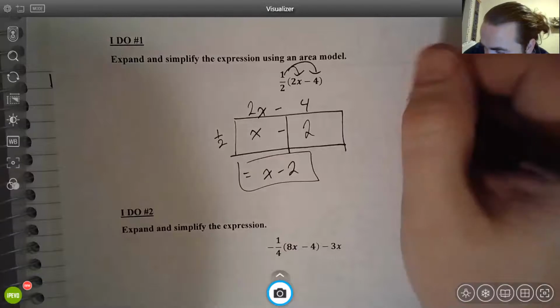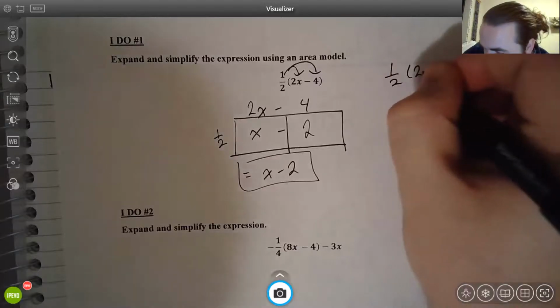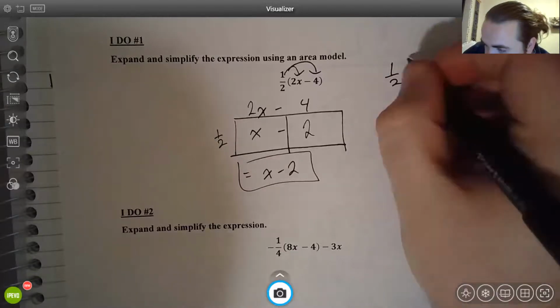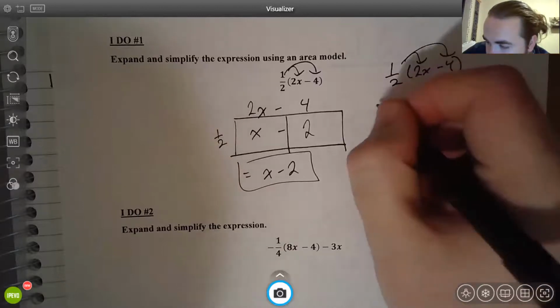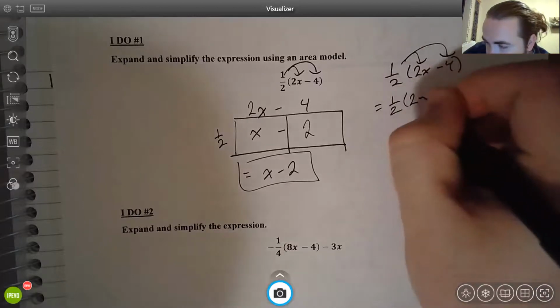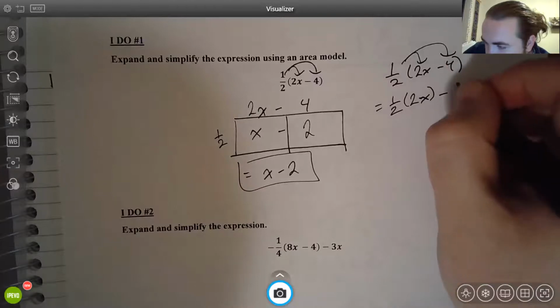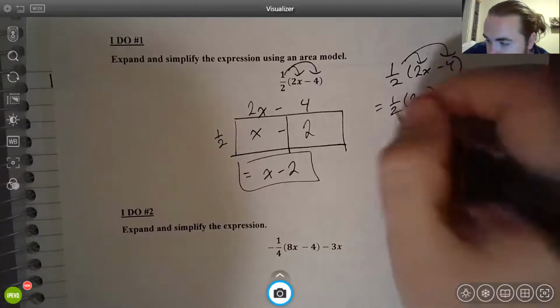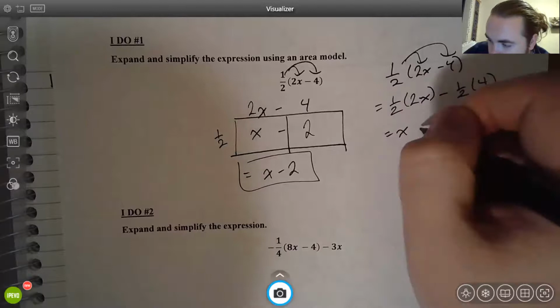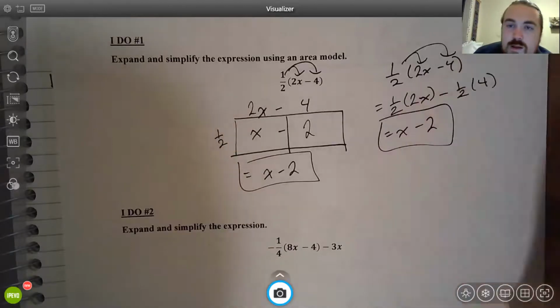Notice if we did the arrow method, I'm just writing out what I just described. 1/2 times 2x minus 1/2 times 4. 1/2 times 2x is x. 1/2 times 4 is 2, so x minus 2. It's the same exact thing. All right.